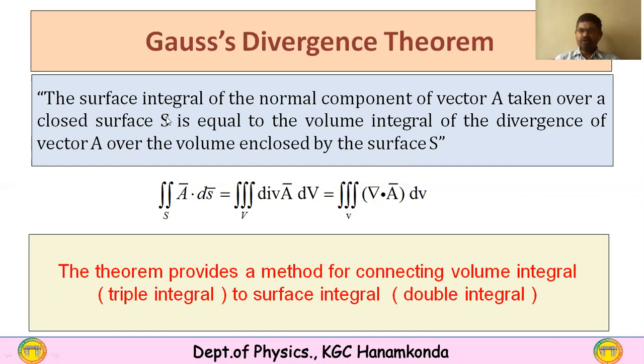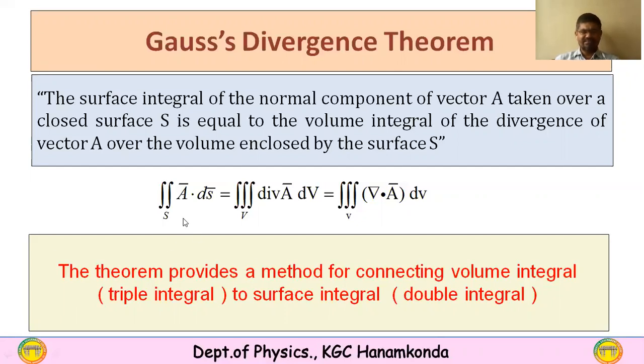Therefore, the amount of flux coming out of a closed surface, which is defined with a double integral, that is surface integral, is equal to the volume integral of the divergence of that vector field. This is known as Gauss divergence theorem.